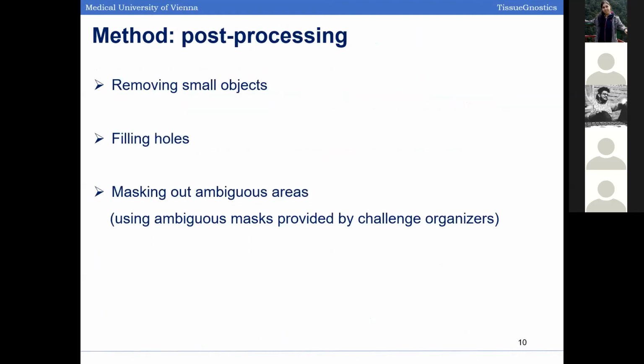I also applied some simple post-processing steps on the results to improve the performance. I removed very small objects, I filled the holes, and I also used the ambiguous masks, which were provided by the challenge organizers, to remove some parts of the masks which were not clear in the test images.